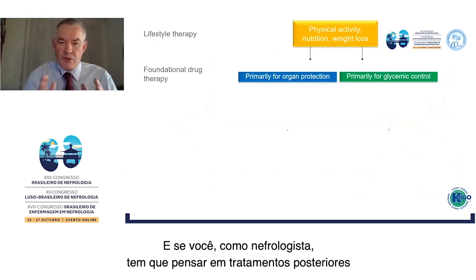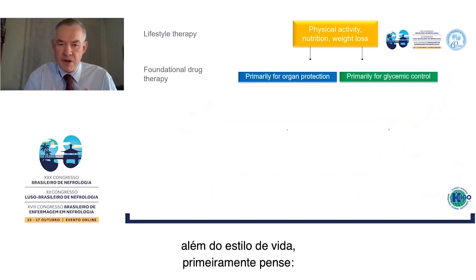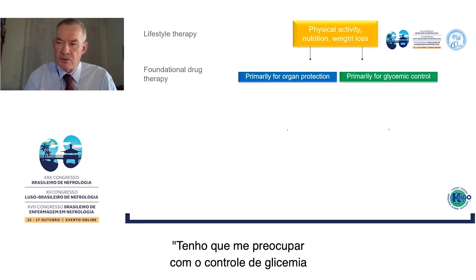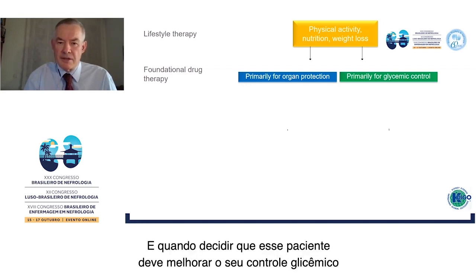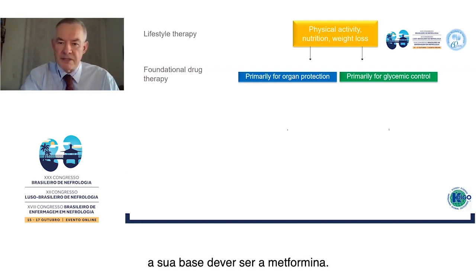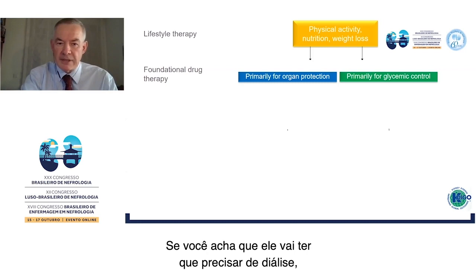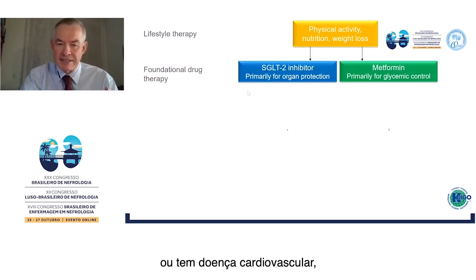And if you as a nephrologist have then to think about further treatment beyond lifestyle, you primarily think about, do I have to care for glycemic control, or is primarily organ protection the topic? And when you decide that this patient has to improve with glycemic control, your basis is metformin. If you think that he is walking towards dialysis or has cardiovascular disease, then you choose an SGLT2 inhibitor.